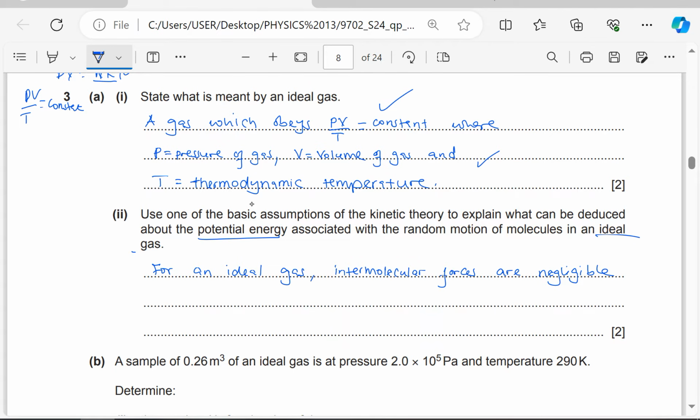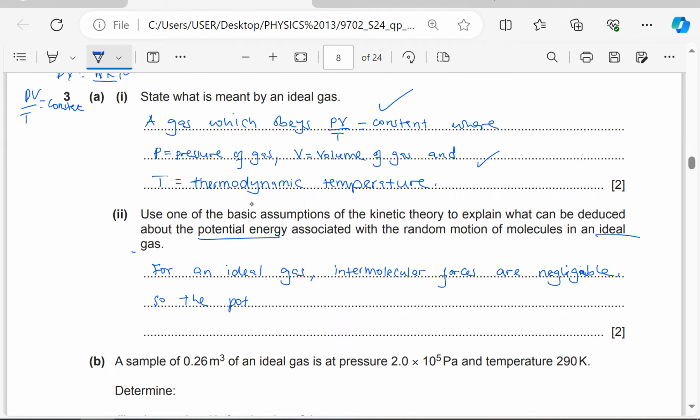The intermolecular forces are negligible, so potential energy is zero.